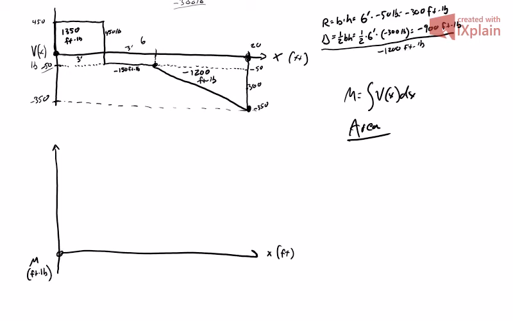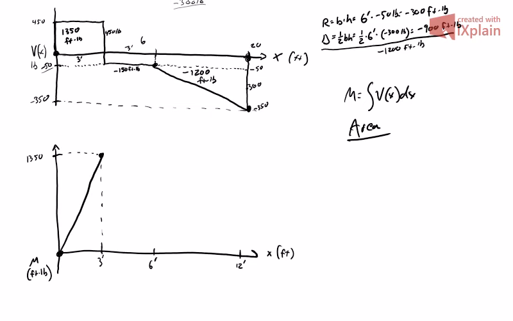So we start at 0, and then we have important spots at 3 feet, 6 feet, and 12 feet. So by the time we get to 3 feet, we've gone up by 1,350 foot-pounds. So we know that we go to there.